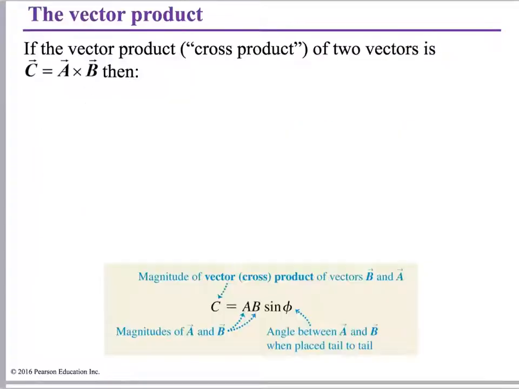All right, so now we're going to move on to the vector product, which is also called the cross product, and that's because of this little symbol here. When I do the vector product or the cross product, the reason it has its name vector product is because the answer is a vector. So we need to find two things.